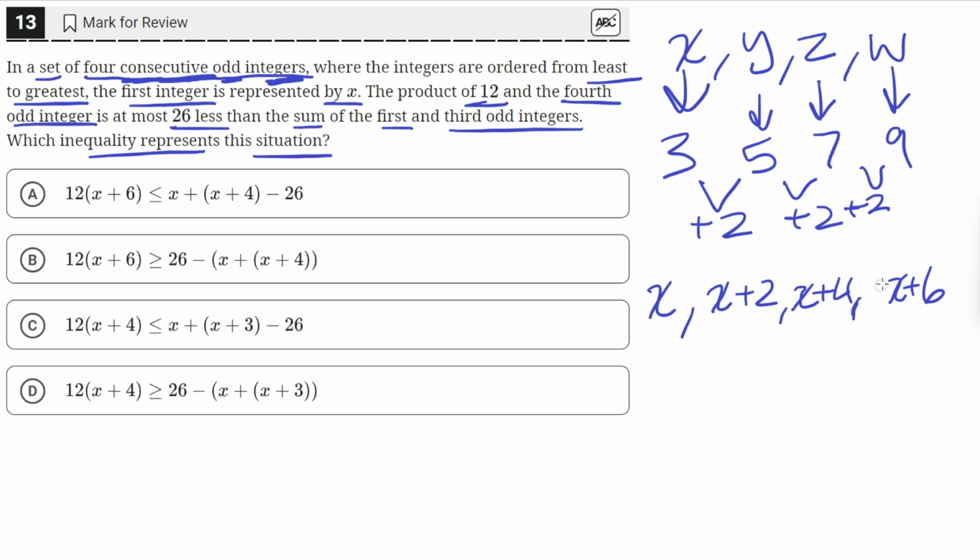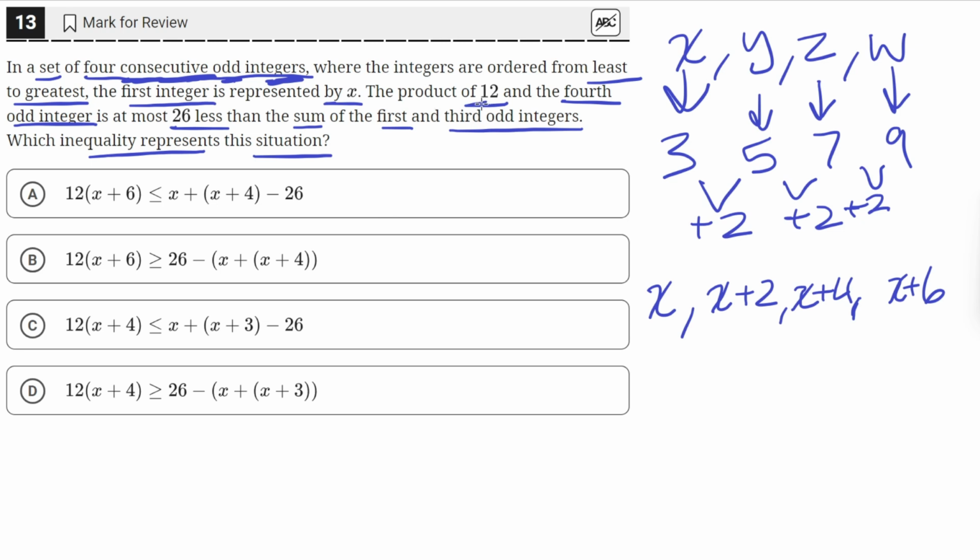Sorry about this plus sign here. So these values are the equivalent values of y, z, w for some value of x that is an odd integer. And these are just the next 3 consecutive odd integers from x. And that will simplify our inequality down.